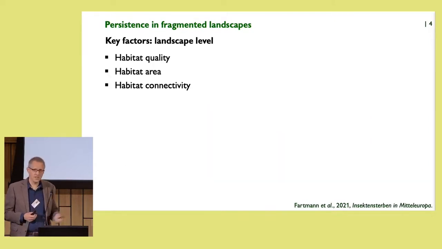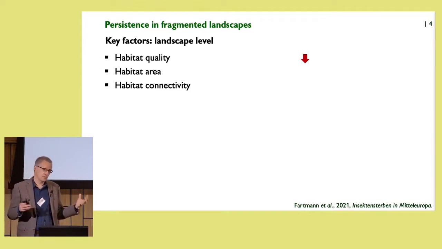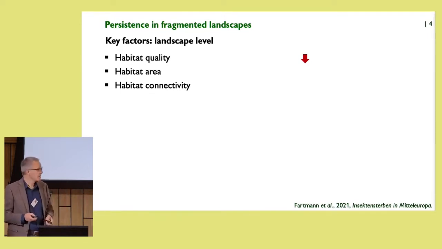All these three key parameters have strongly declined in our landscapes. Habitat quality is decreasing, especially due to land use changes. We have abandonment, we have land use intensification, and there are also other stresses that affect habitat quality and cause a decline in it.